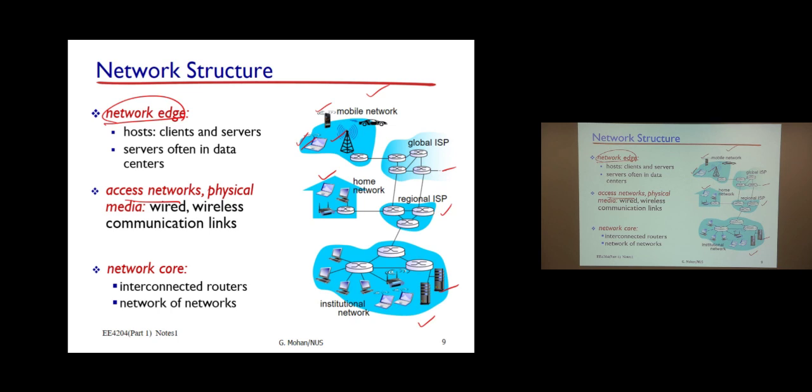And we have another kind of network called network core or core network, which is basically a network of interconnected routers or switches. You can see here the service provider network, which you can imagine outside the campus or the home. There is a network of routers, which are managed or administered by service providers, that we call network core or core networks.